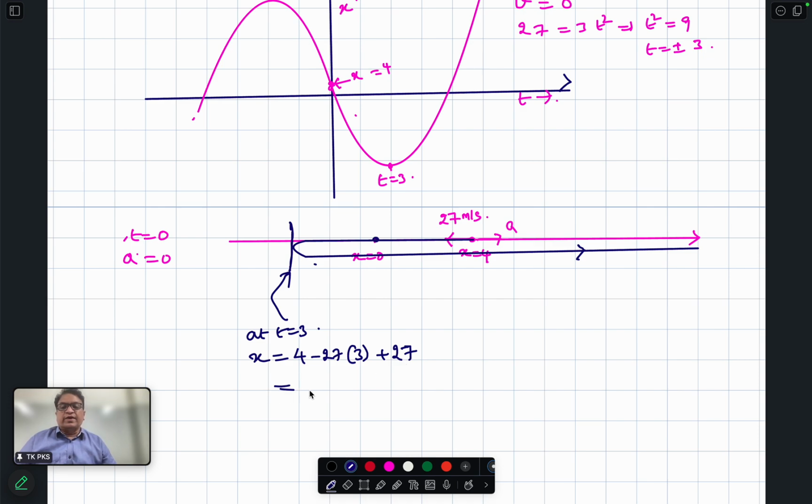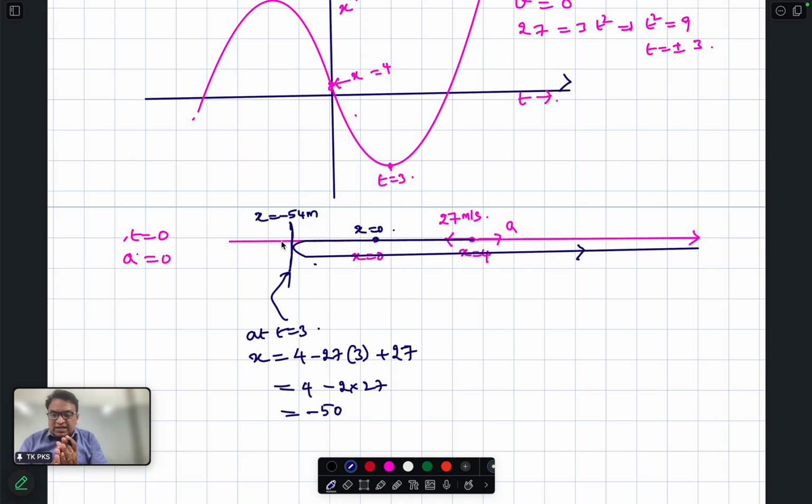So what is this going to be? 4 minus 2 times 27, minus 54 plus 4, minus 50. This is x is equal to minus 50 meter.